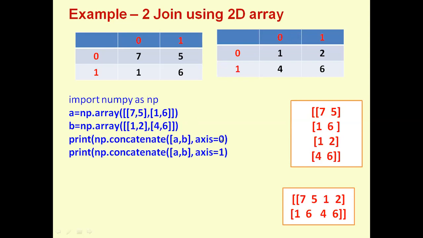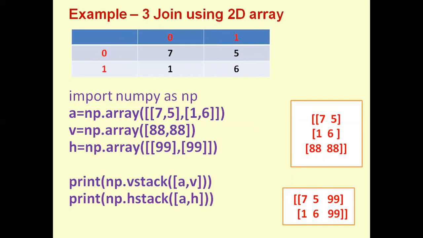Joining here, axis is given 0, and the second concatenated a, b with axis, that is a row, another value from here. Here and here both are combined together. So by using the concatenate function, you can concatenate these types. I'll send you all these assignments, so do practice this. Don't get confused: vstack, hstack, these are variables, don't confuse.